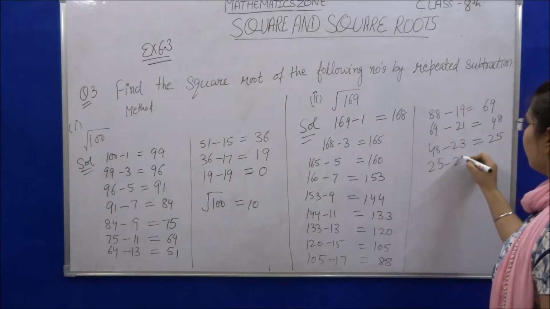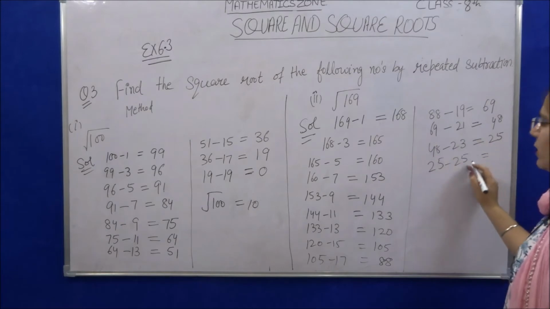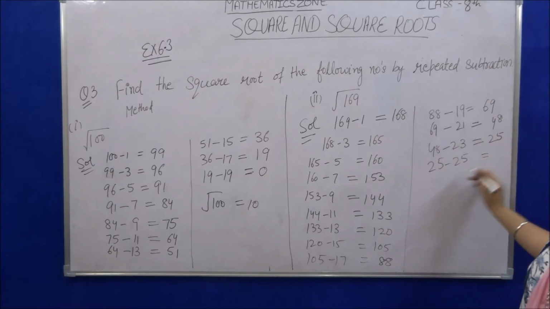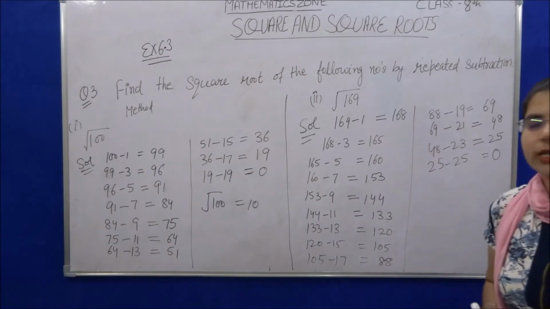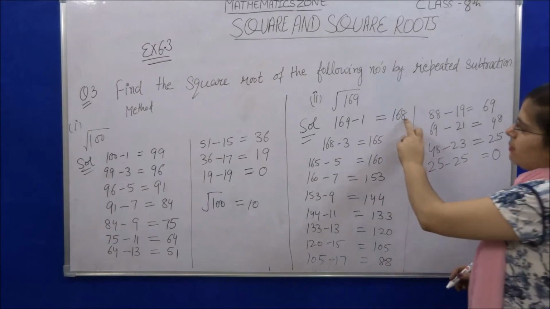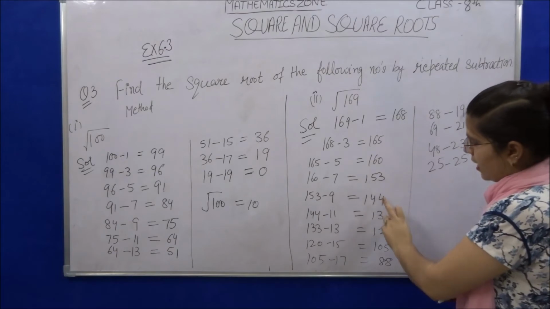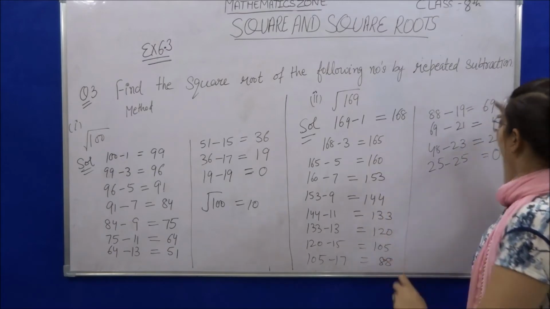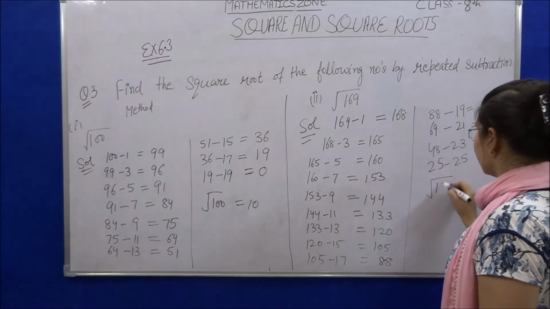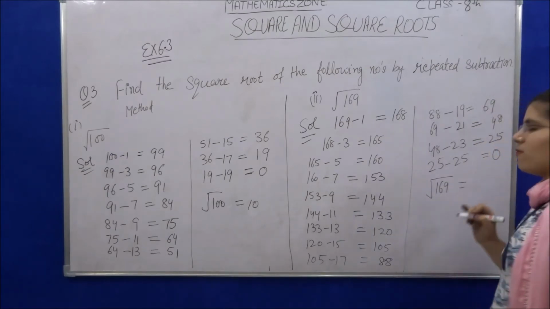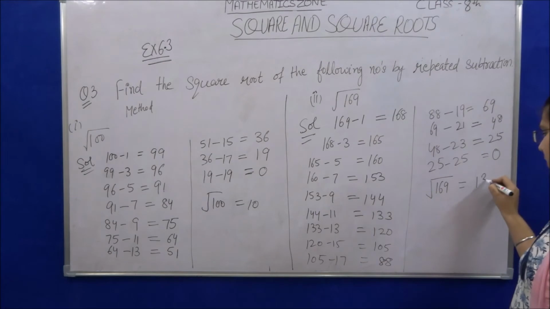Now 25 minus 25, क्योंकि 23 के बाद 25 odd number है. That will be 0. So we reach at our target. Now number of steps will be 1, 2, 3, 4, 5, 6, 7, 8, 9, 10, 11, 12, 13. So there are 13 steps. So under root of 169 will be 13.